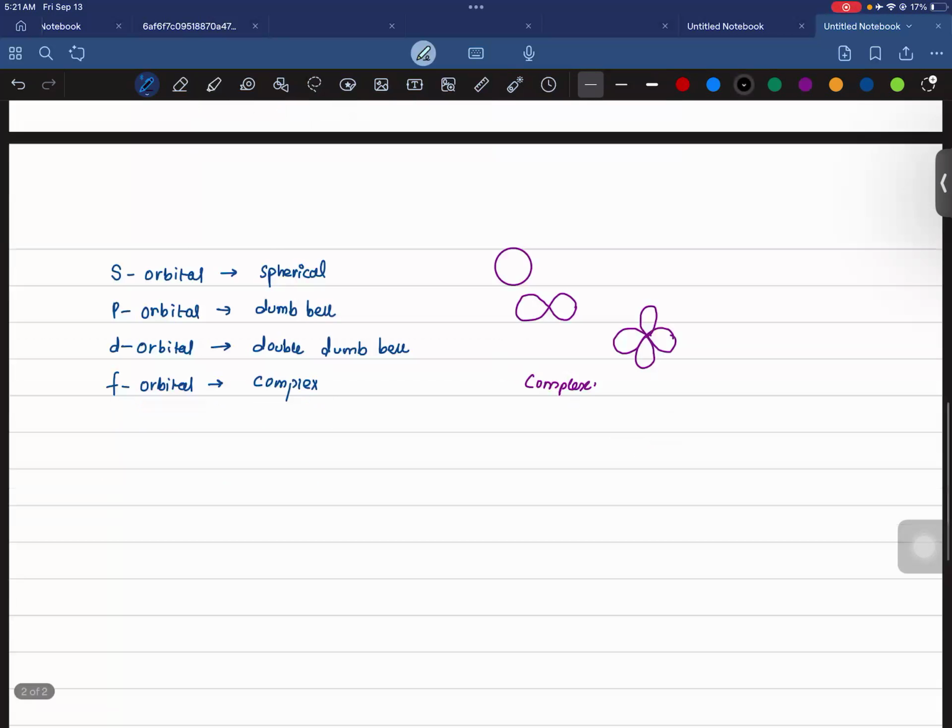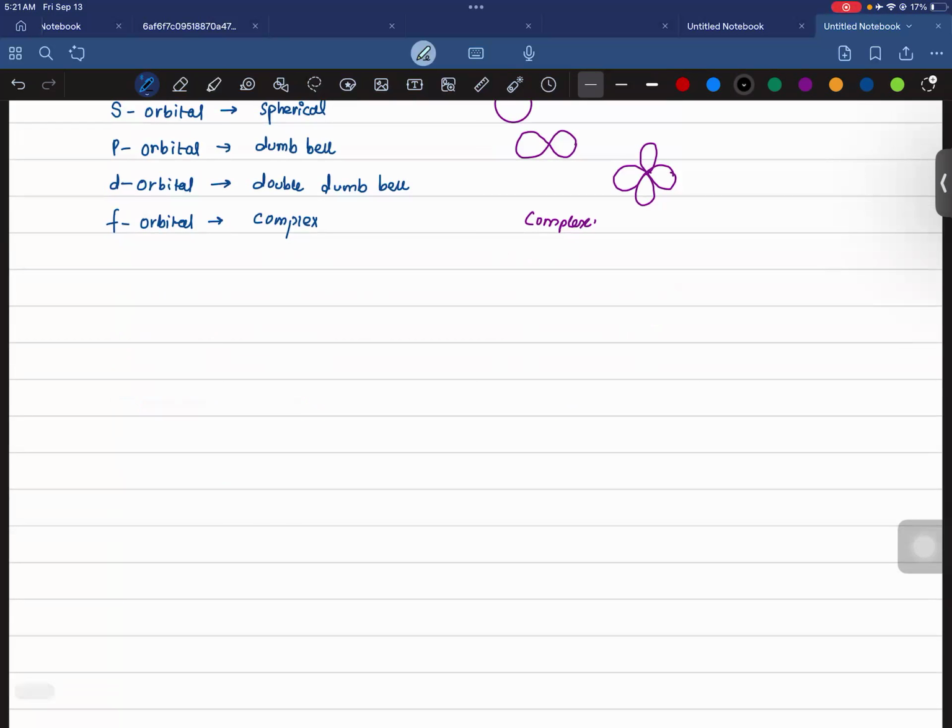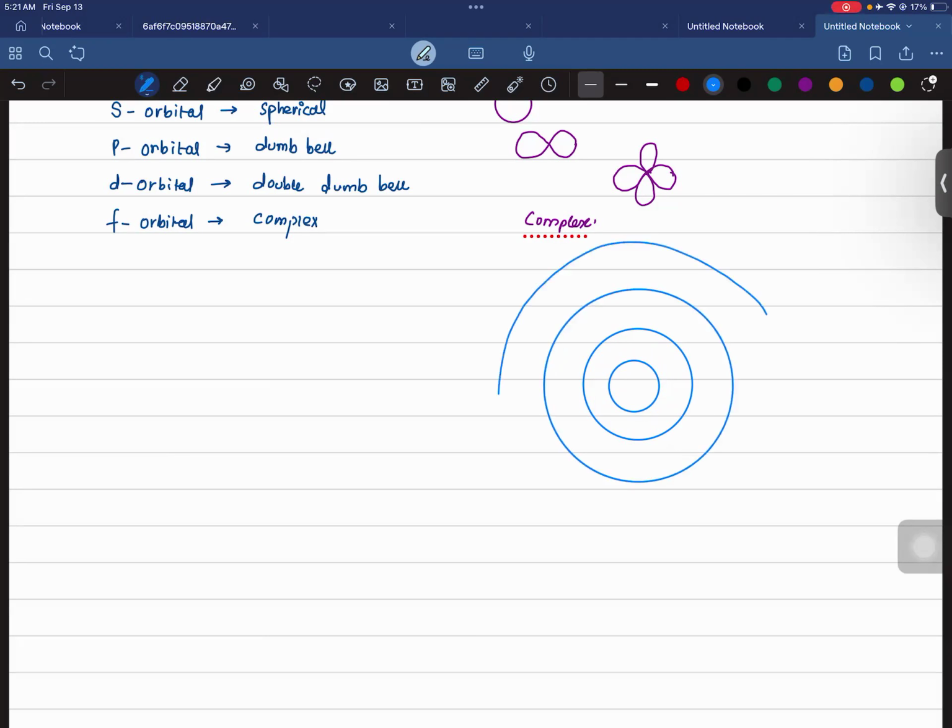As you remember, when you wrote down the configuration of calcium as I had asked, you told me 2, 8, 8, 2. It means that this is the first shell, this is the second shell, this is the third shell, this is the fourth shell.